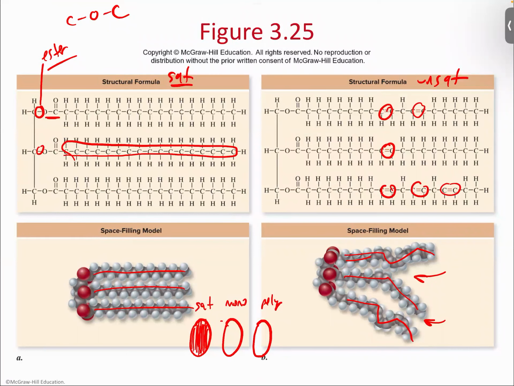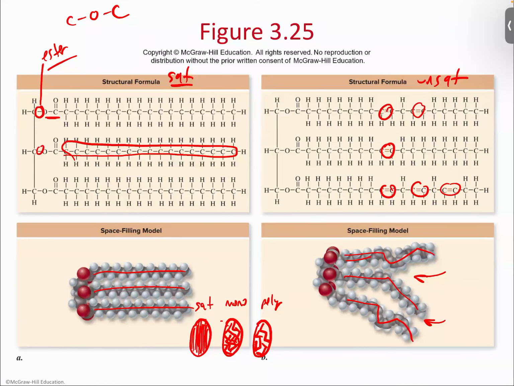Now in mono, since you have that kink in the tail, the monos are still going to be in there, and you're going to be able to get some in there, but it's going to be a little trickier, right? Because they kind of crowd each other out a little bit because of that kink. Now in poly, depending on how many you're talking about, you have multiple kinks in the tail, which is going to make it even more difficult.